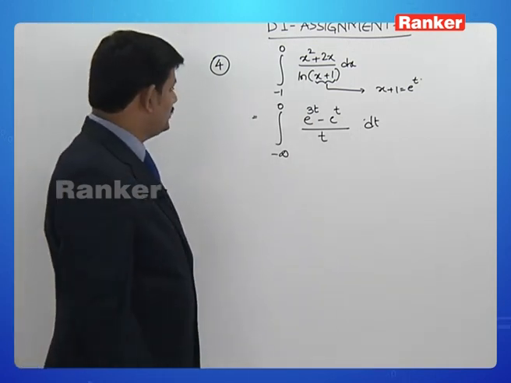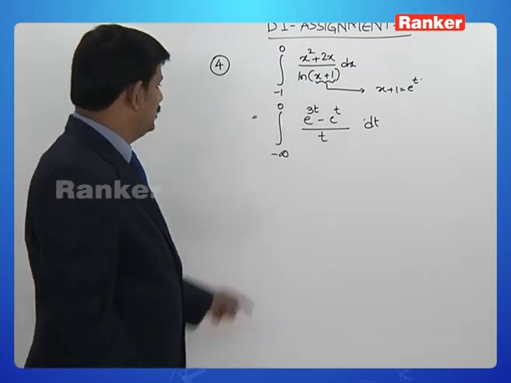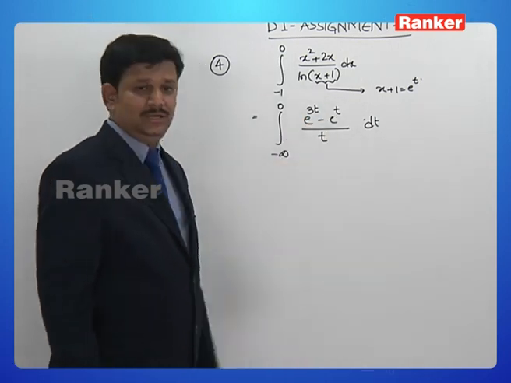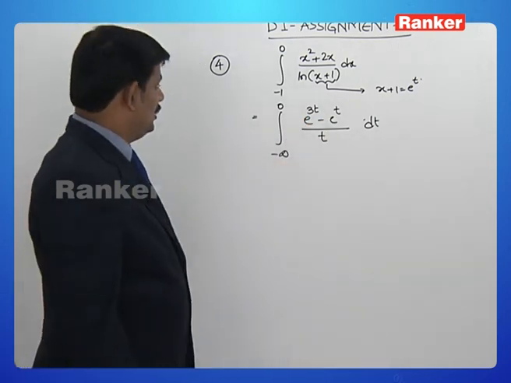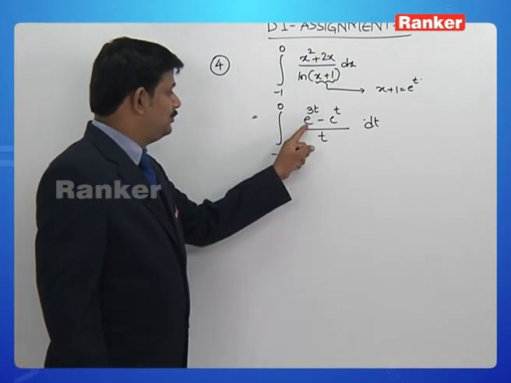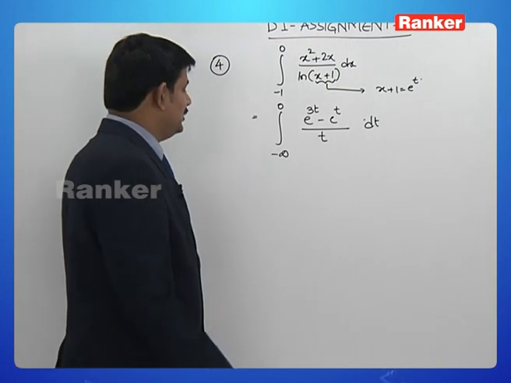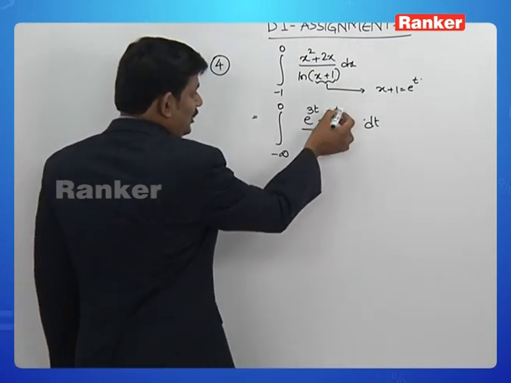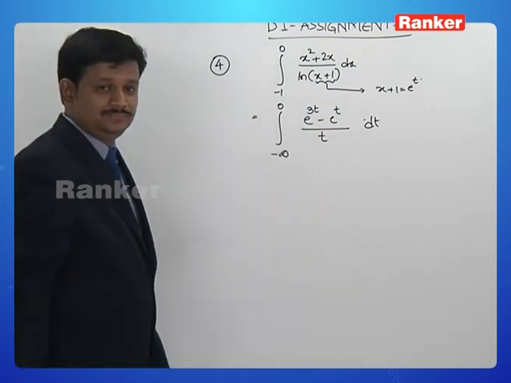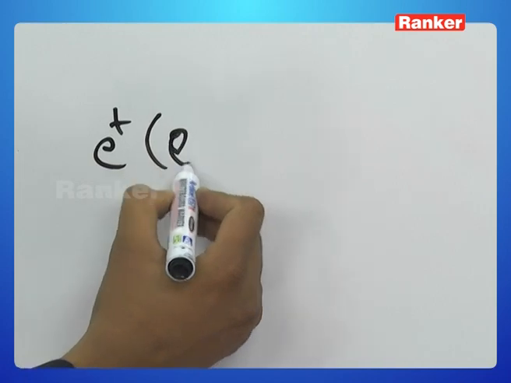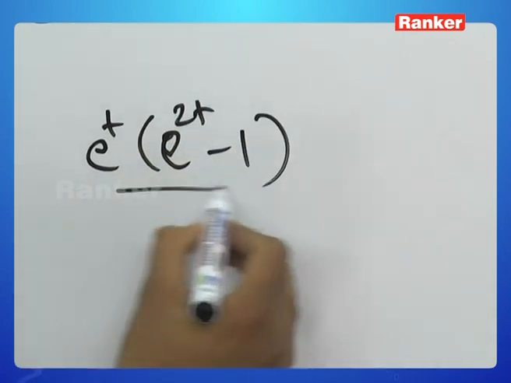So, we have to evaluate integral from minus infinity to 0 of (e power 3t minus e power t) divided by t. Now, this is again a very difficult configuration to evaluate. So, instead, what we do is plot the graph of the function e power t into (e power 2t minus 1) divided by t.